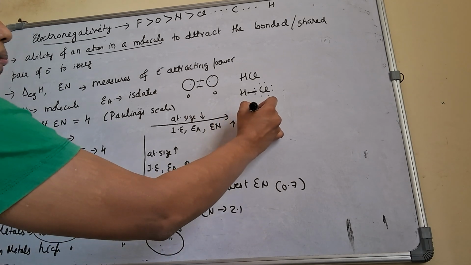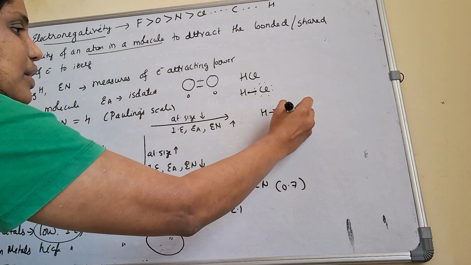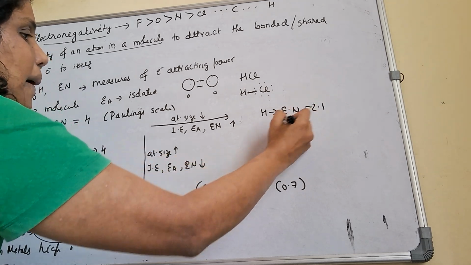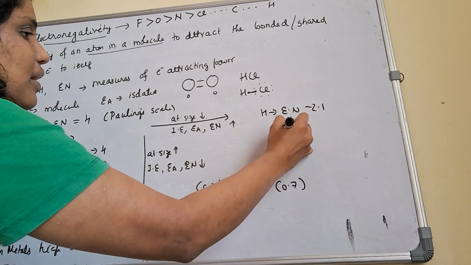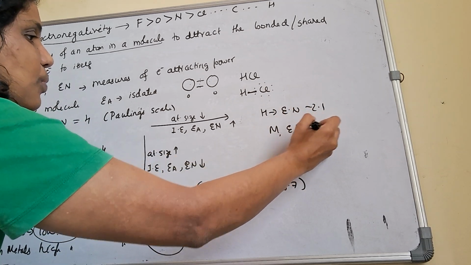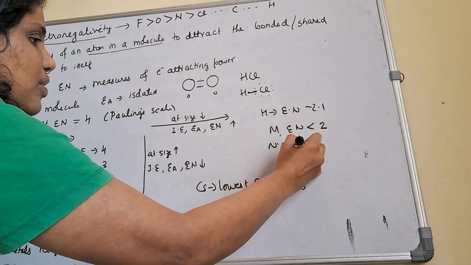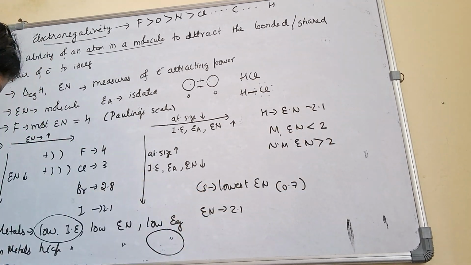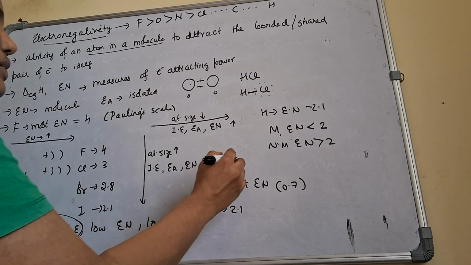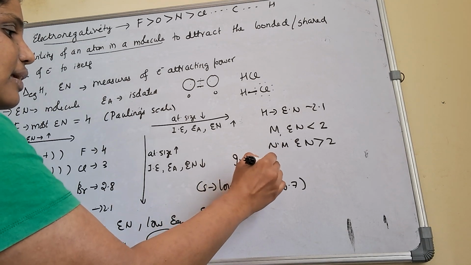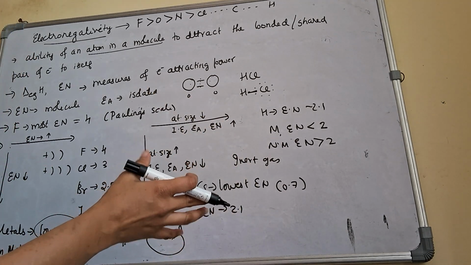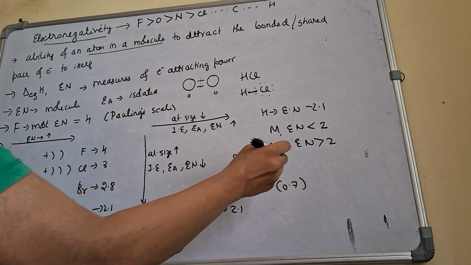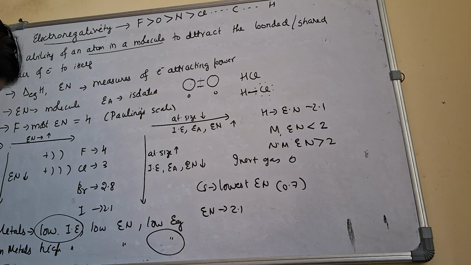Metals will have electronegativity less than 2 and non-metals will always have electronegativity greater than 2. And inert gases will never form molecules, so there is no concept of pulling electrons. They have zero electronegativity.